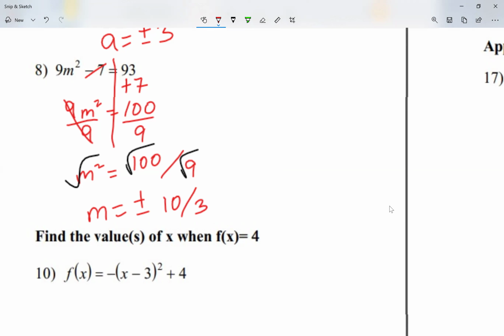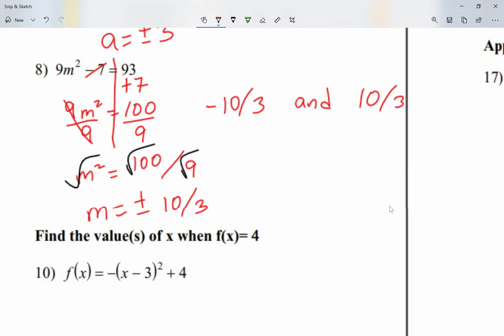And I even asked myself, can I possibly simplify my fraction? Can I possibly make my number smaller? The way I'm going to make them smaller is by dividing both by the same thing. No, I can't. Okay. So my answer is going to be negative 10 over 3 and positive 10 over 3.